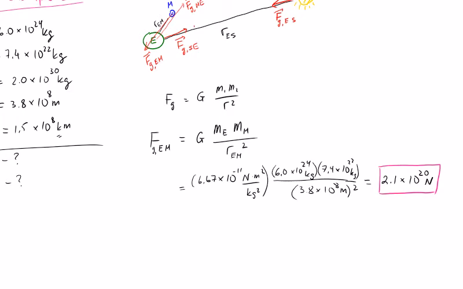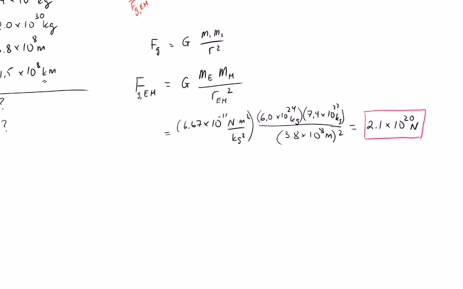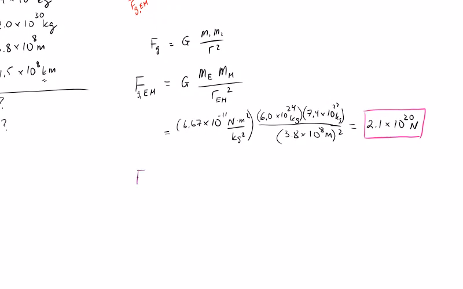Now let's calculate the force between Earth and the sun. So F gravitational, Earth and the sun. We're going to do the same steps. G times the mass of the Earth times the mass of the sun divided by the distance between Earth and sun squared.